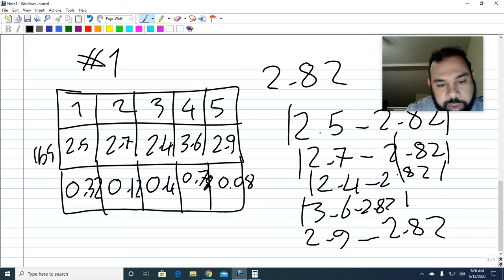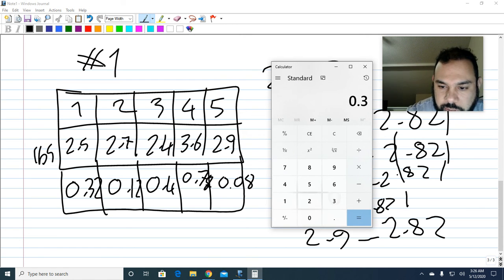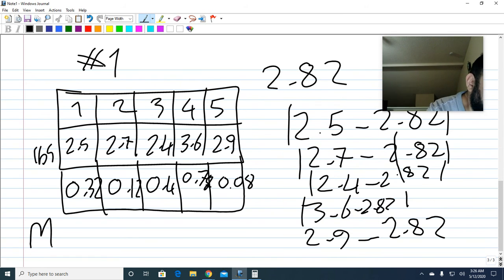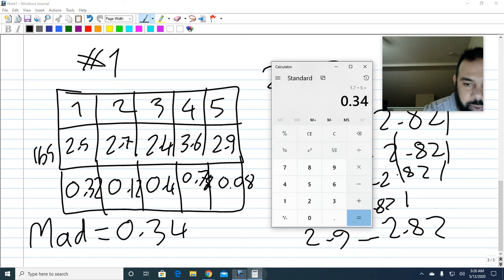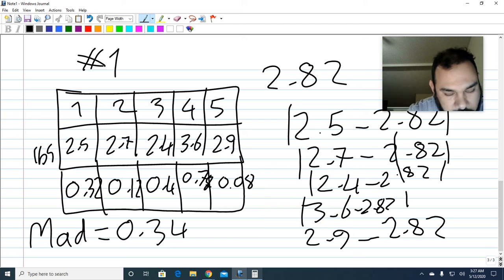Those are all absolute values. These numbers now are not the MAD, those are just the distances. We're going to average them. So open your calculator: 0.32 plus 0.12 plus 0.42 plus 0.78 plus 0.08. This is 1.7, divided by 5. It gives you that your MAD is 0.34. Okay, that was the math for food number 1.